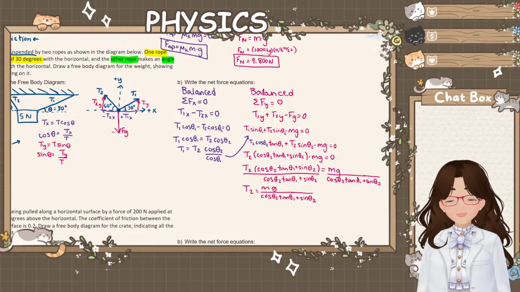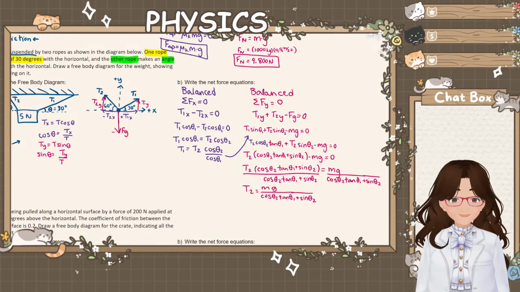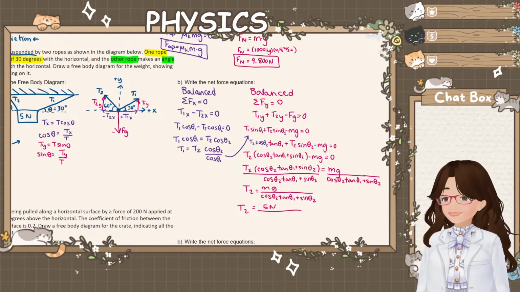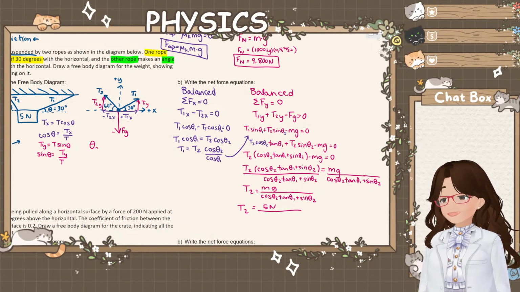And at that point, you could plug in mg, we know is 5 newtons, divided by cosine of theta 2, which is going to be, let me label it over here, 60 degrees.